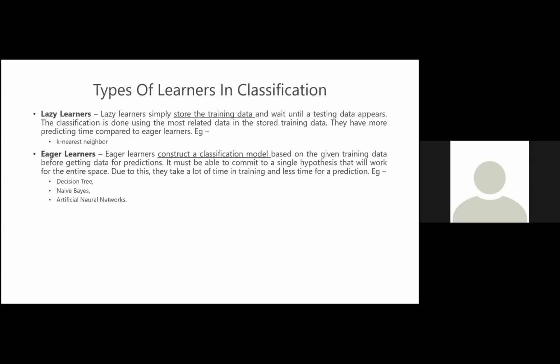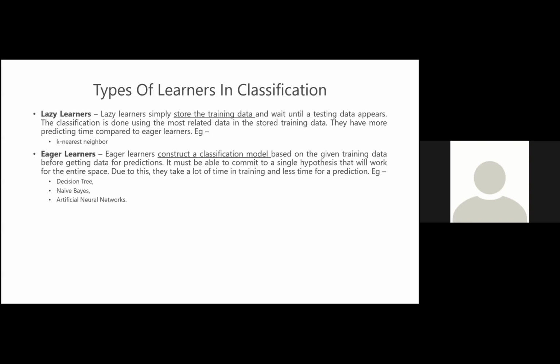One example of lazy learner classification is the k nearest neighbor technique. The second type is the eager learner, which constructs the classification model by taking the input training data into consideration, and it applies the trained model on the test data and identifies the class label.